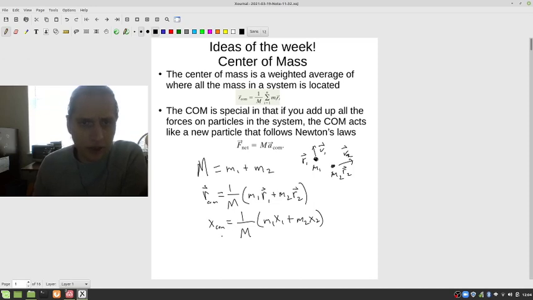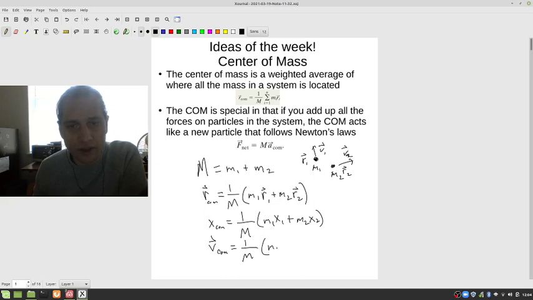At the same time, I could also find out what the velocity of the center of mass is by doing 1 over M, m1 times v1 plus m2 times v2. So this is the velocity vector going along with the first mass, and the velocity vector going along with the second.